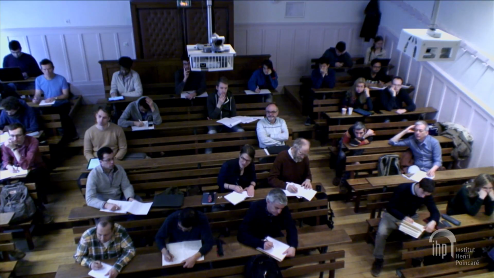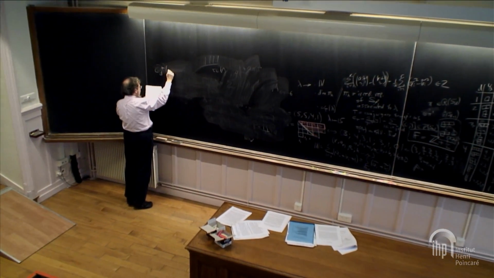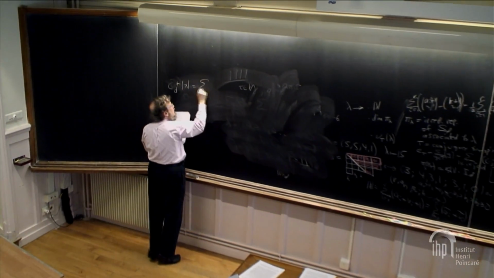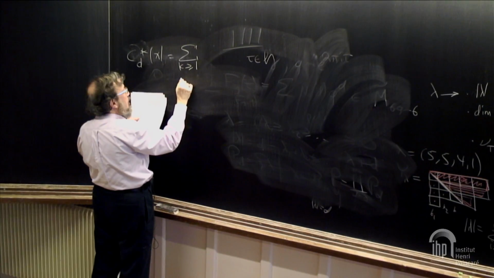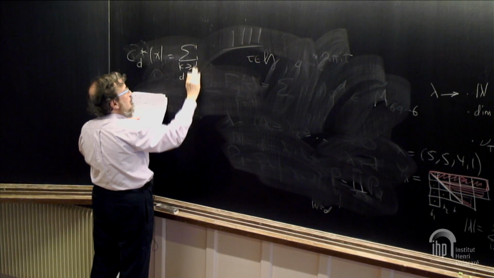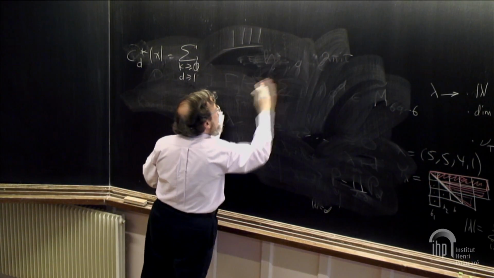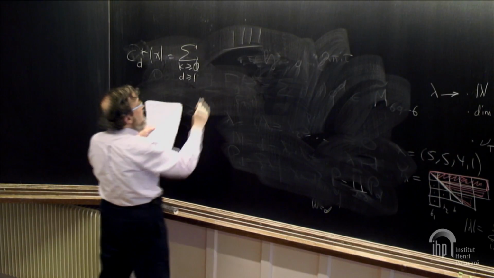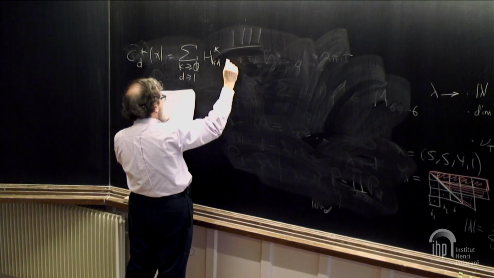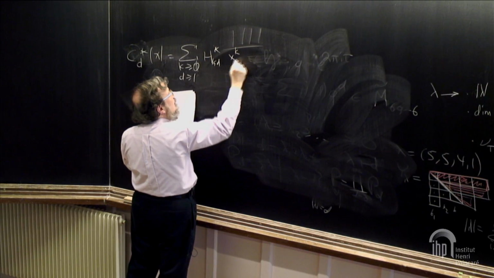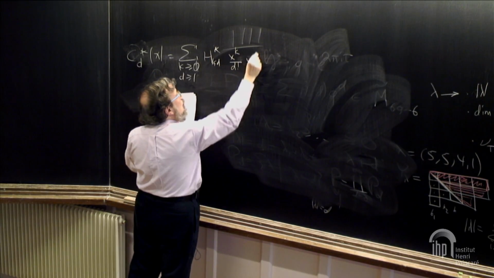So in the Hurwitz case, I now have my notations from the course. If I sum over k's, the number of ramification points can be arbitrary, strictly positive. The degree is arbitrary, sorry, in fact, it could be 0. And then here I take this number hkd squared times x to the k over d factorial y to the d.